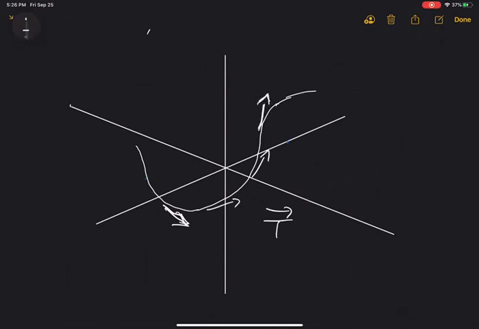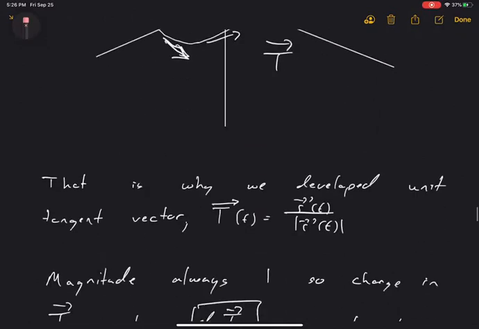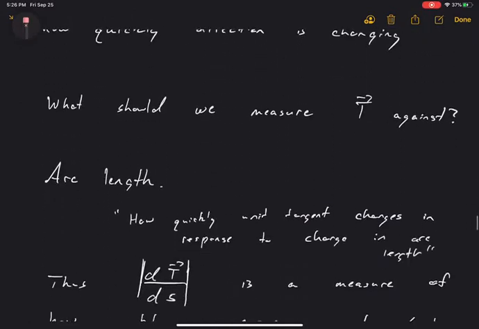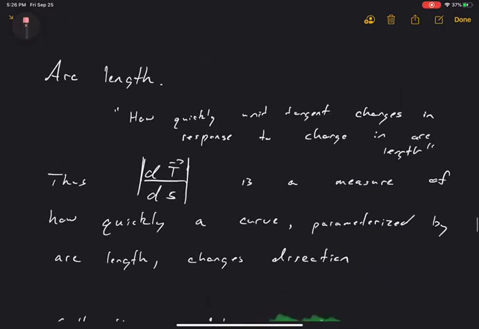By points along, I mean we have some starting point and we're that many units away from our starting point. So you could also think of this as the change in the unit tangent vector along the curve.